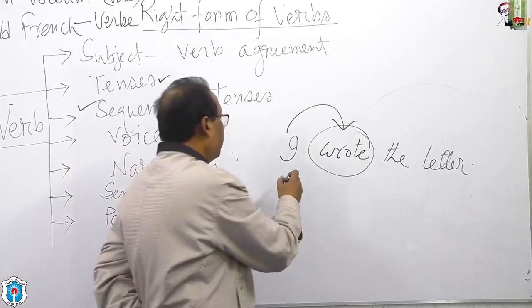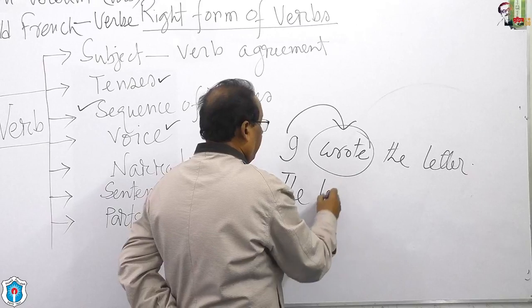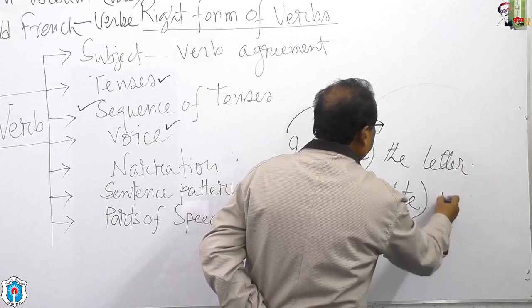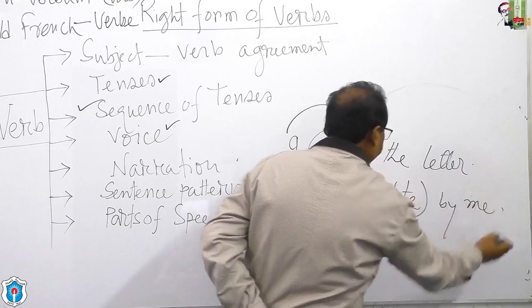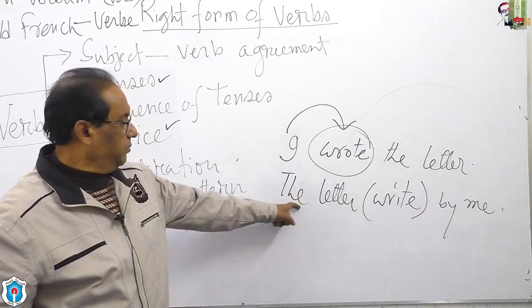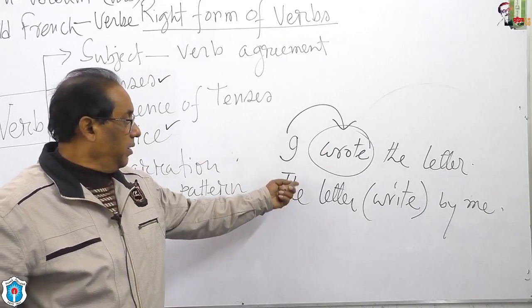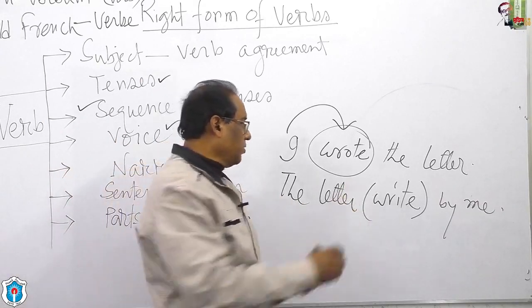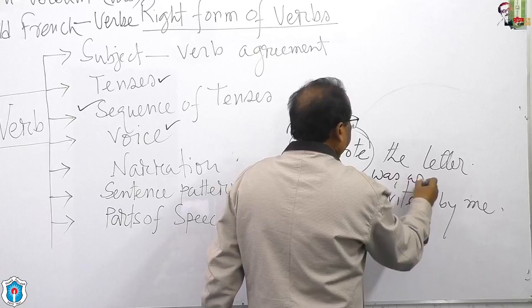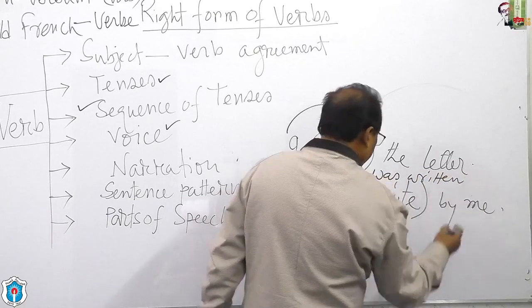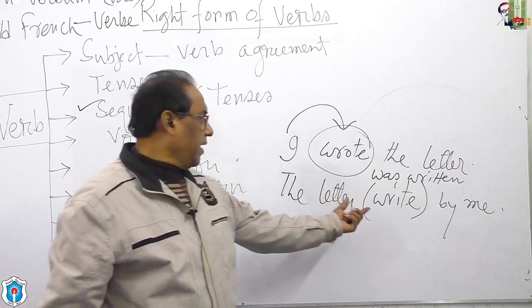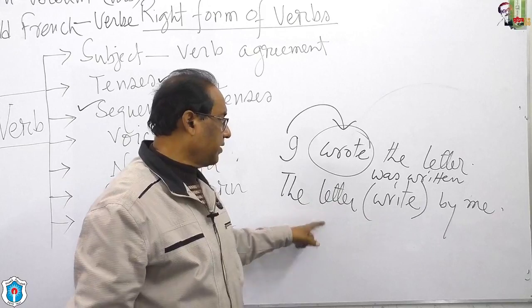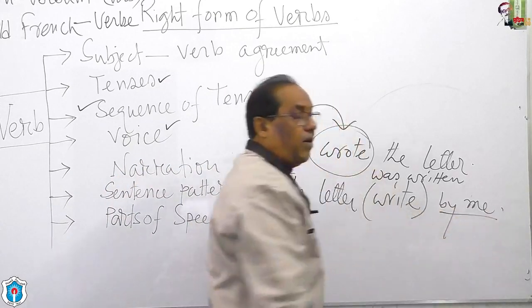It is active, but the letter was written by me. Look, it is passive. Why? The letter was written by me. So here the verb is not directly performed by the subject but by an object.